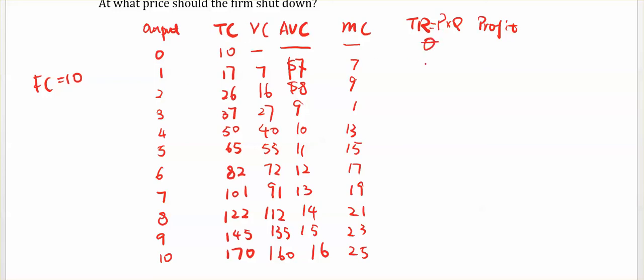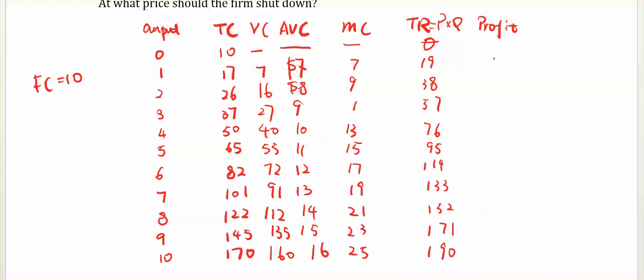So here is 0 because we have 0 output. And so now 19, 38, 57, 76, 95, 114, 133, and 152, 171, and the last one 190.